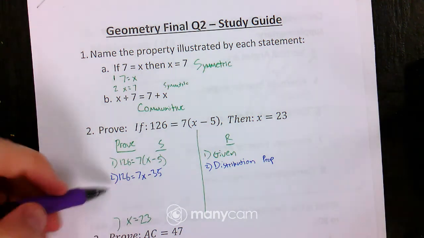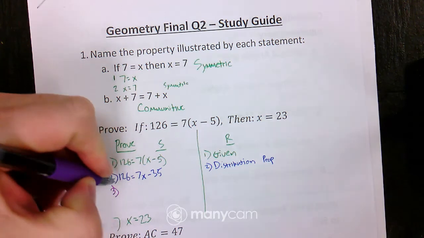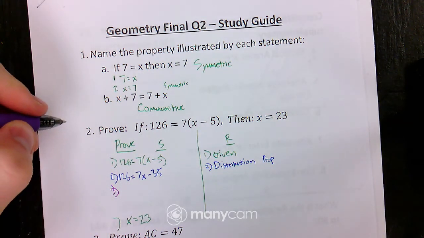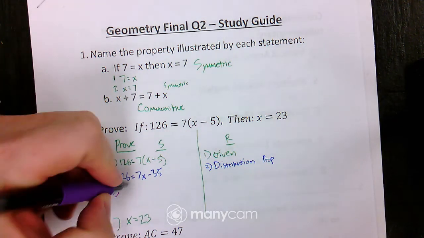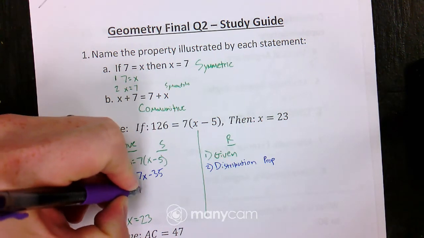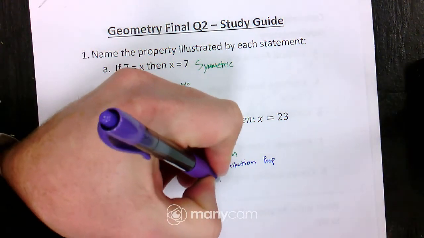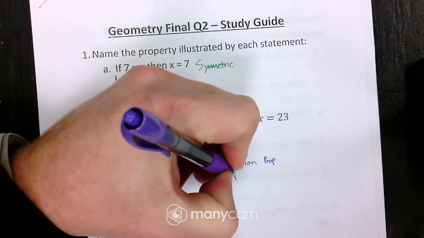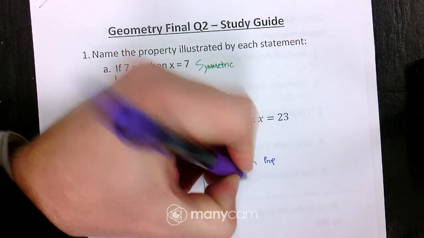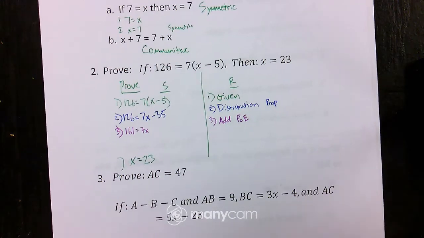Then I know I have to bring that 35 to the other side by adding it to both sides. What is 126 plus 35? 161. Right? 161 equals 7x. That would be my addition property of equality. Remember I said you can write POE.